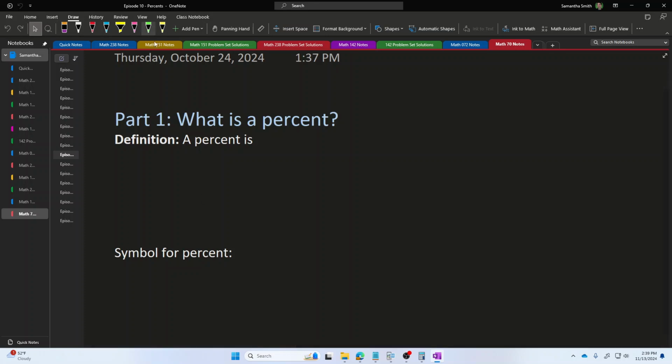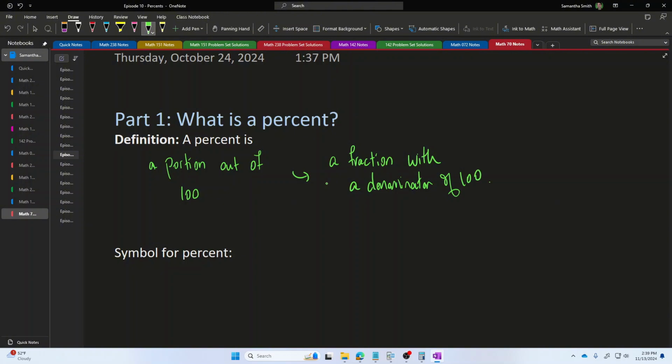A percent is just a fraction out of 100, a portion out of 100, or put another way, a fraction with a denominator of 100.